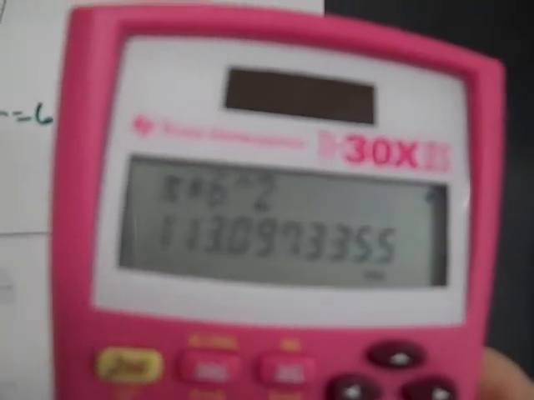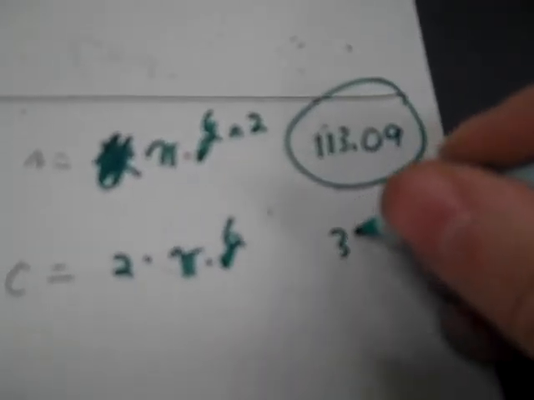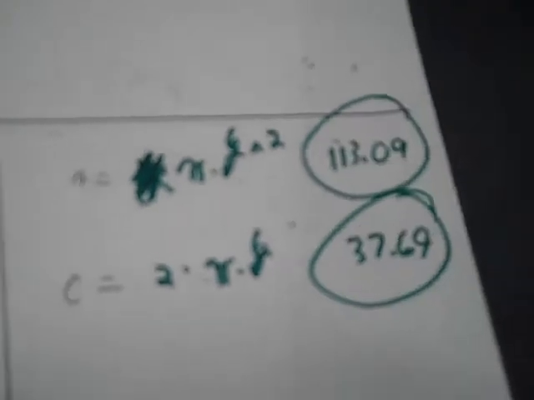So the first thing I have is pi, and then times 6. That's what the dot means, to the power of 2. Okay, 113.09 is the area. Okay, and then here you have 2 times pi times 6. 37.69. Okay, and that's if you measured the outside with a tape measure.